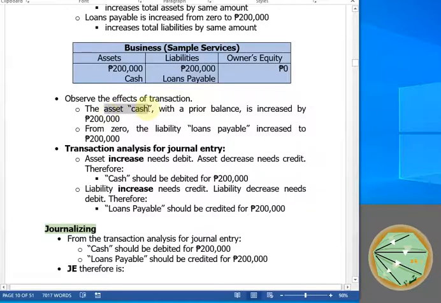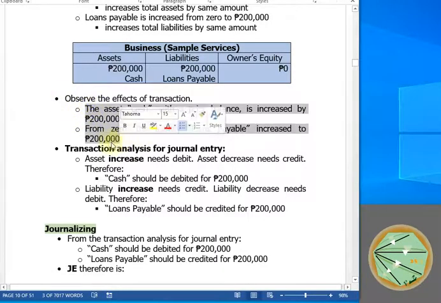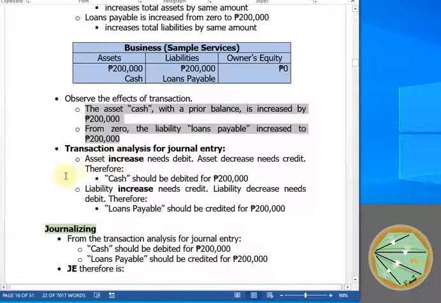Again, the asset cash, with a prior balance, is increased by 200,000, and from zero, the liability, which is entitled loans payable, is increased to 200,000. So we have this as our effects of the transaction. Cash and total assets increased by 200, and loans payable and total liabilities increased by the same amount.